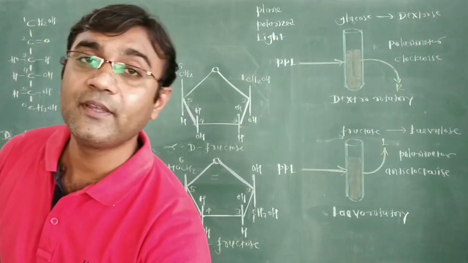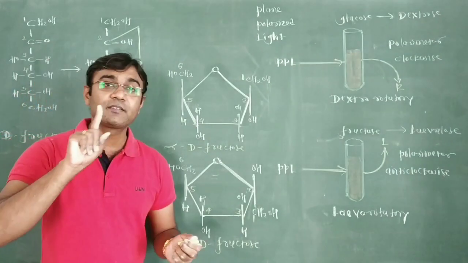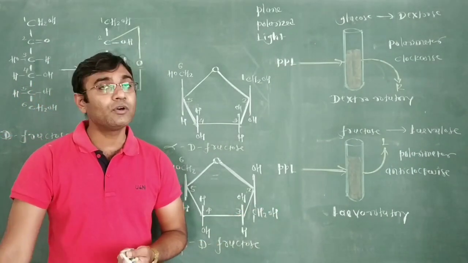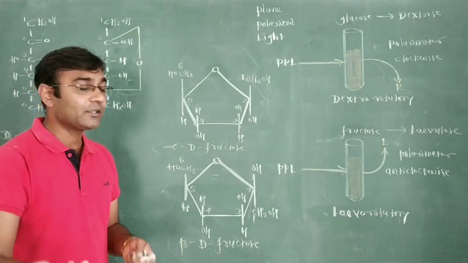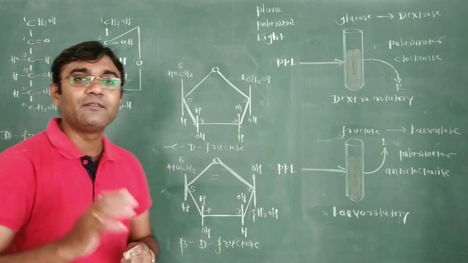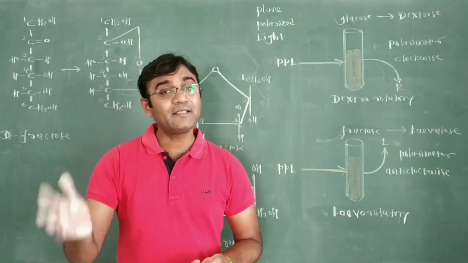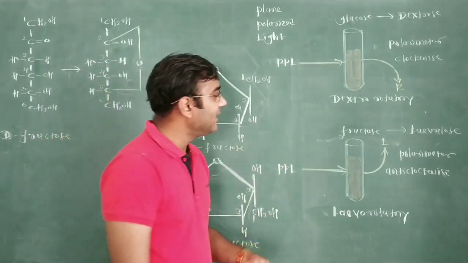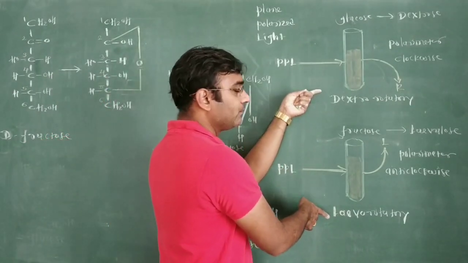So now we have six chemicals in ring form: alpha and beta glucose, alpha and beta galactose, alpha and beta fructose. Now, taking these chemicals, we will construct disaccharides, polysaccharides as well as other saccharides also. But note the clear-cut difference between dextro and levo.